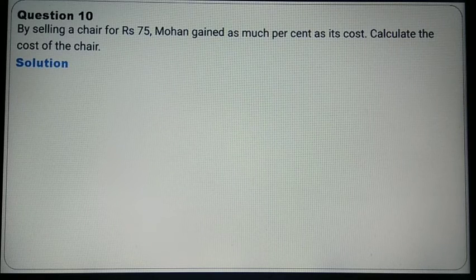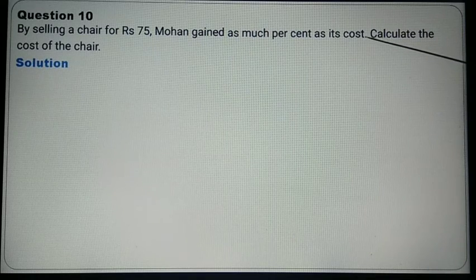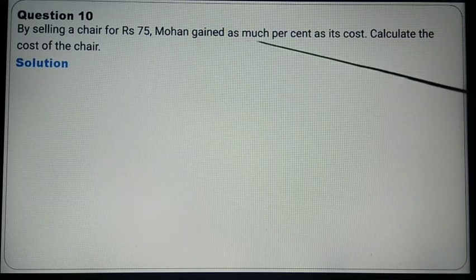Whatever is the cost price, the same percentage of gain is happening. Suppose the cost price is 10 rupees, then the profit percent is also 10%. That's the meaning of this line. So if I take cost price to be X, then my gain percent is also going to be X.